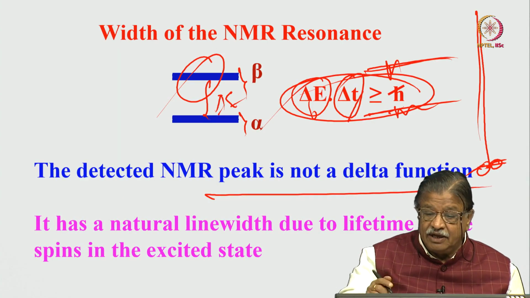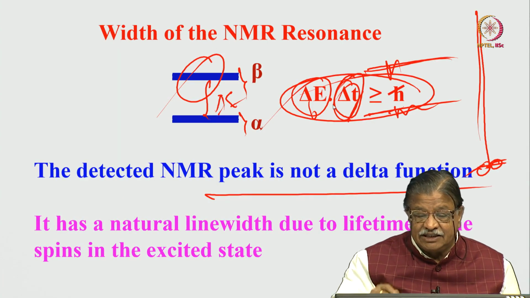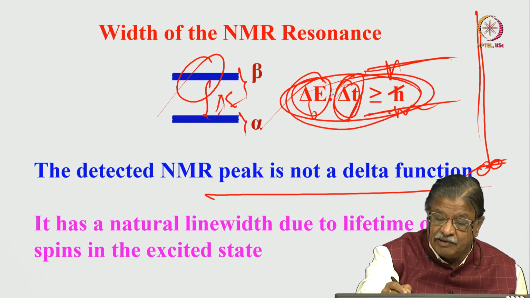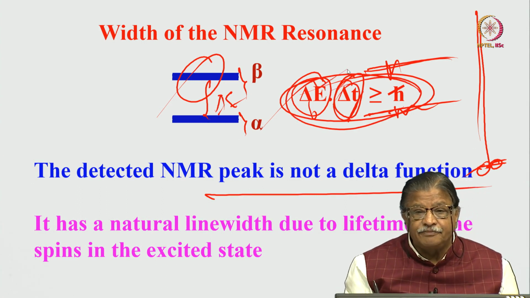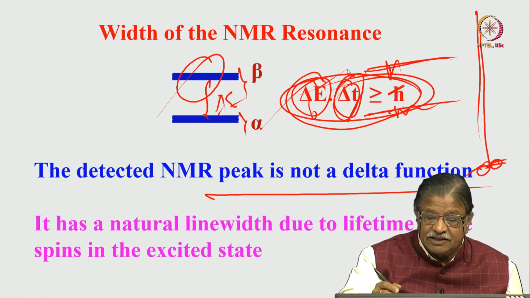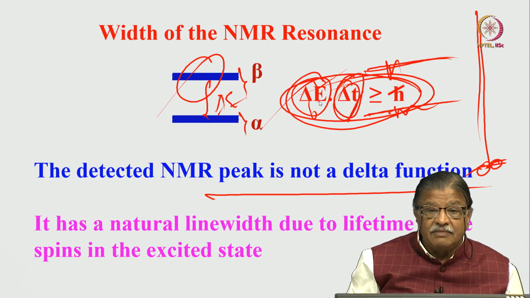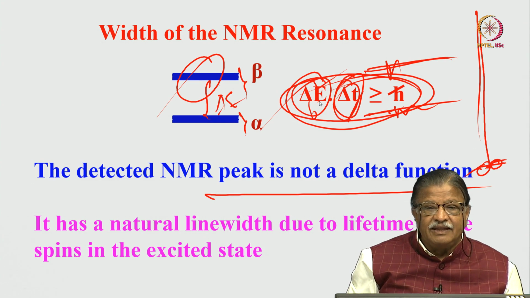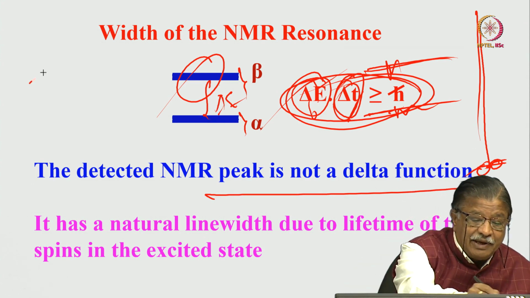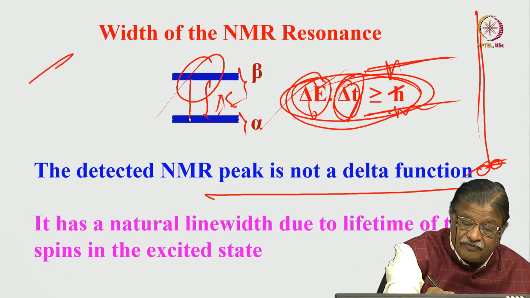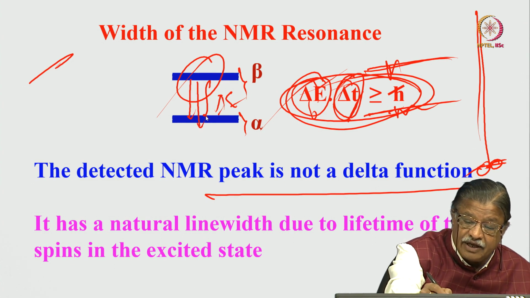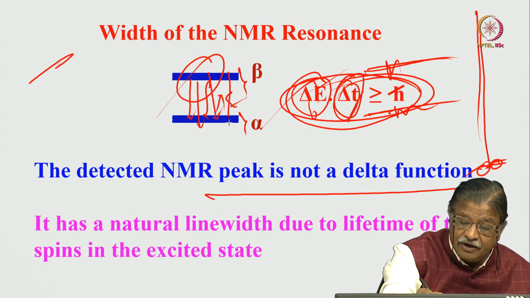From this equation, the lifetime in the excited state is smaller because this condition has to be obeyed, there is a spread in the energy state. Okay? There is a spread in the energy level. As a consequence, if I have a peak like this, I can get a resonance from here to here, I can get here to here, here to here.